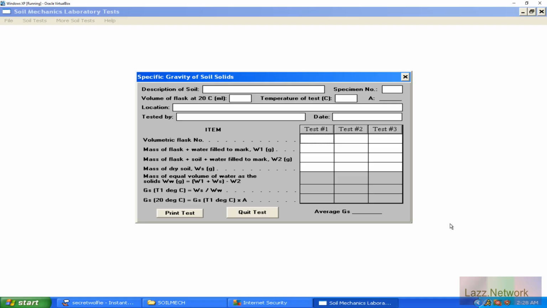Sorry, didn't say what kind of increment that was. And then, obviously, we're only testing the material that's passing the number 10 sieve, and then we're going to use this fancy thing called a pycnometer, preferably a 250 milliliter pycnometer. Granted, for ASTM, you can use either a 250 or 500 milliliter pycnometer.